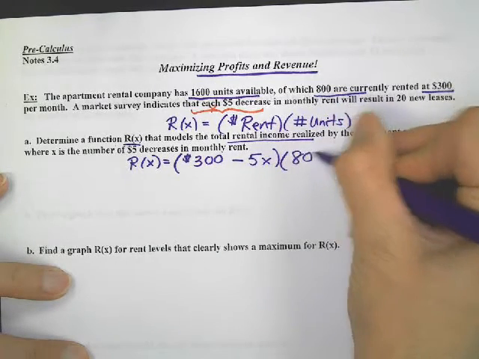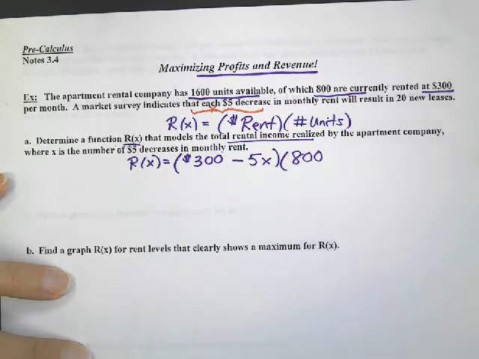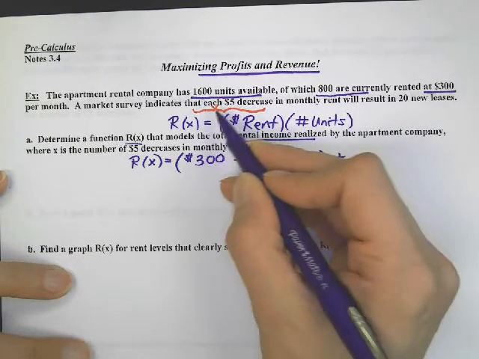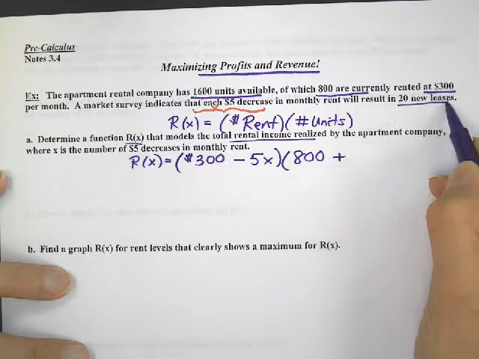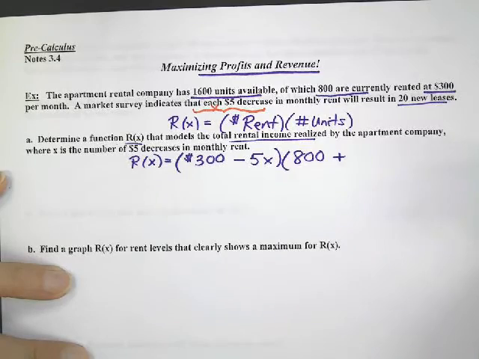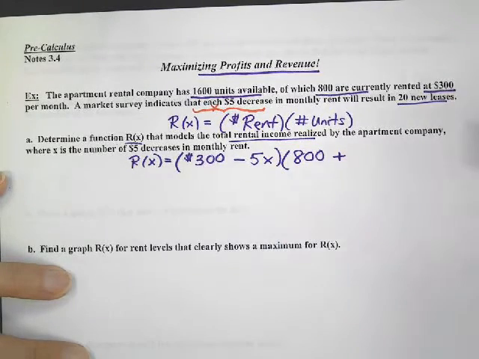Okay, how many units do they currently have rented? 800 units. There's 800 units being rented, but that number is going to be going up. How many more apartments are going to be rented? Well, it says every time you decrease, 20 new leases. So 20 more people? Well, not necessarily. If I decrease it twice, then 20 and 20, then 40.